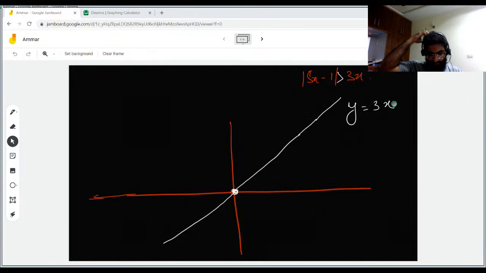Now let's see y is equal to 5x minus 1. For y is equal to 5x minus 1, the x-intercept will be 1 by 5, and the y-intercept minus 1.